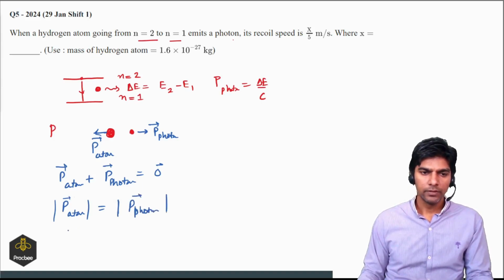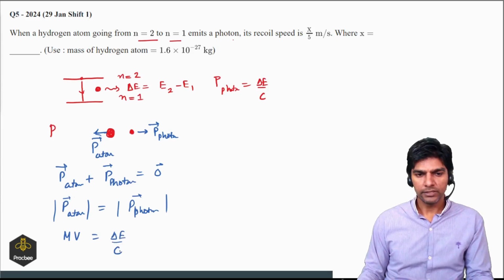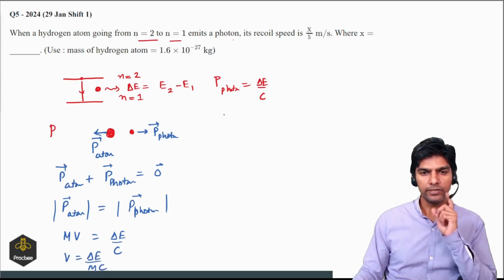of photon. And we know that for a particle, the linear momentum is given as mass times the velocity, and for the photon it is delta E by C. So from this, the speed will be delta E divided by m times C. So let us put the values.